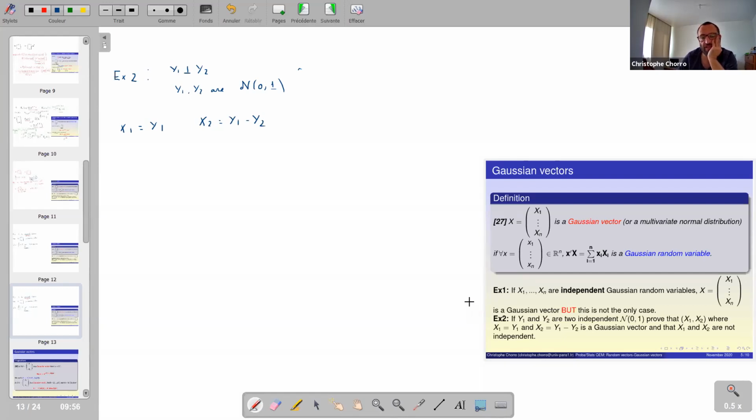First, from this one and from example one, I know that the vector (y1, y2) is a Gaussian vector because it is made of independent Gaussian random variables. I define, in fact, a linear transform of this vector this way, with y1 minus y2. I want to prove first that (x1, x2) is a Gaussian vector.